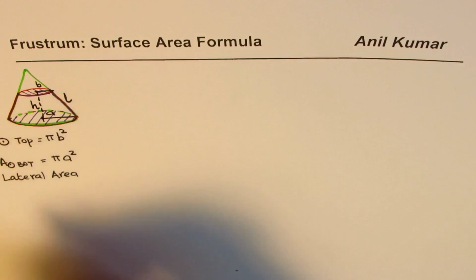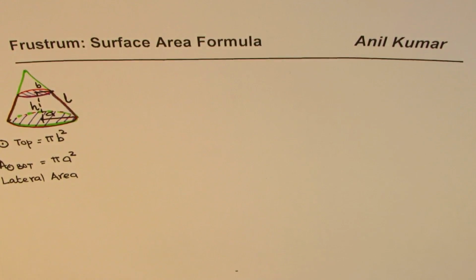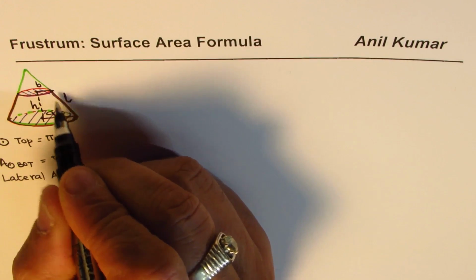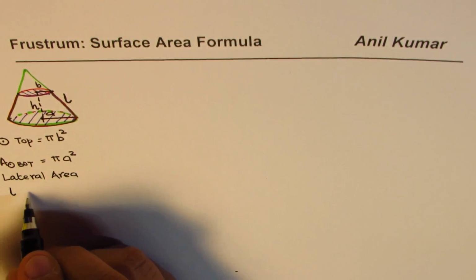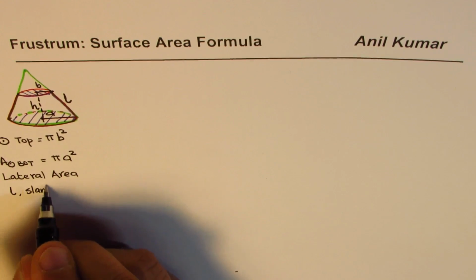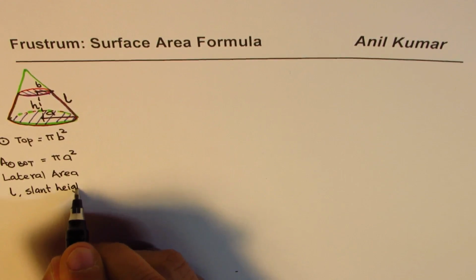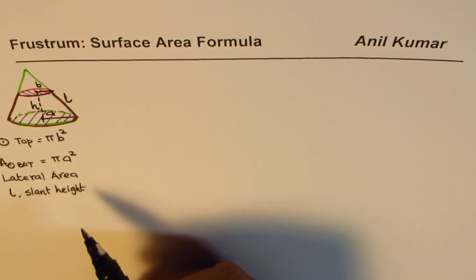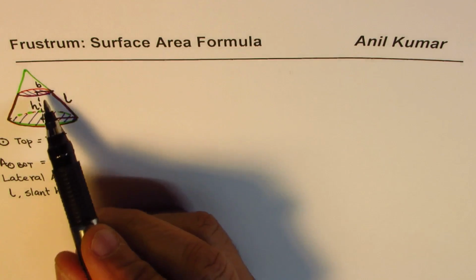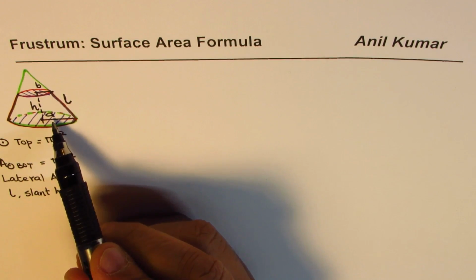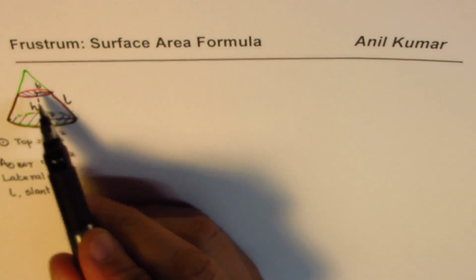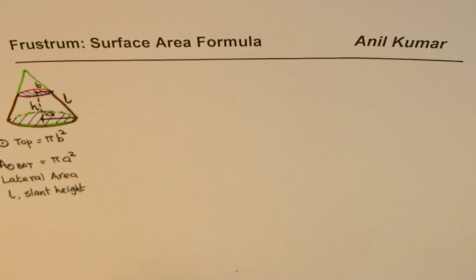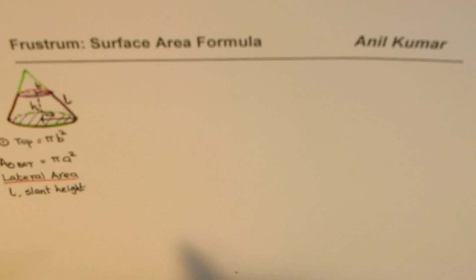This is the height of this frustum, but this is the slant height L. So we'll need the slant height L. So to derive the formula, I'll assume that we know radius of the bottom, radius of the top, and the slant height. So these things are given to us. Based on these things, we'll find a formula for lateral area. So the curved surface, I mean to say, right, the lateral area.